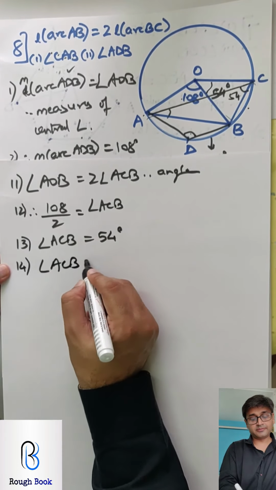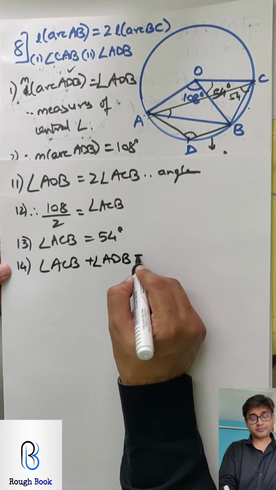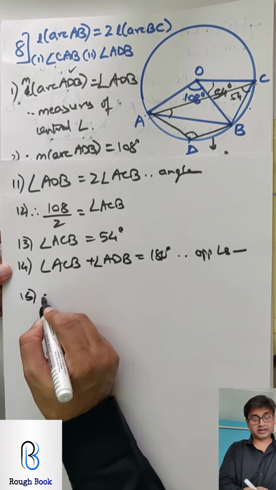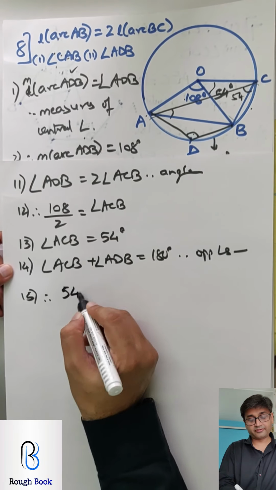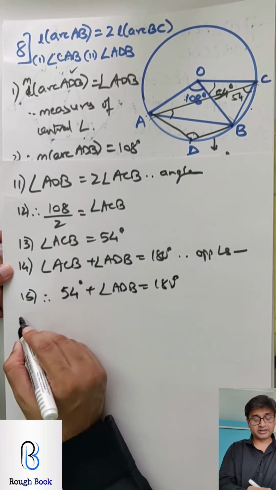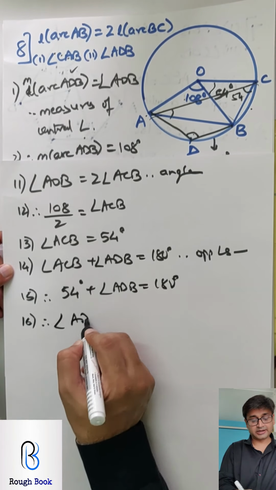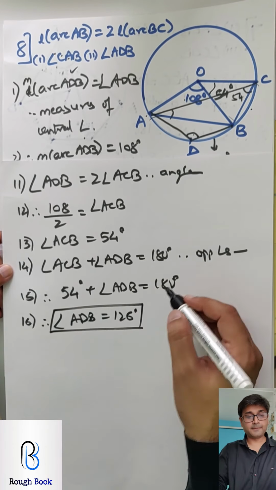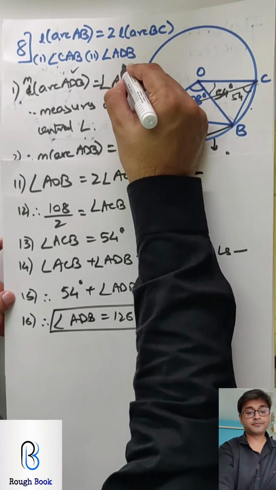So angle ACB plus ADB is 180, opposite angles of cyclic quadrilateral are supplementary. So ACB 54 plus ADB is 180. So finally I can say therefore angle ADB is 126. Yeah, that's your last part, ADB.